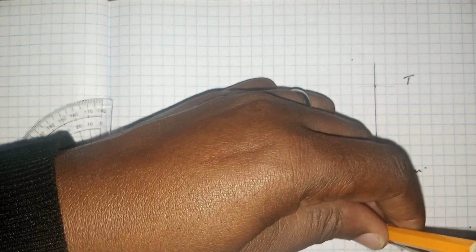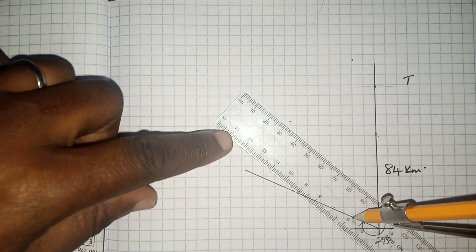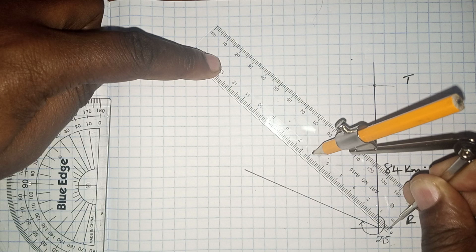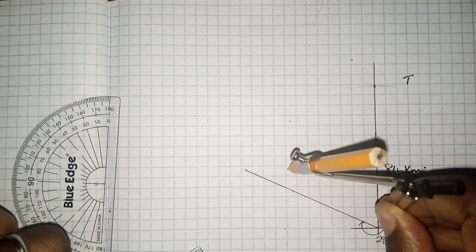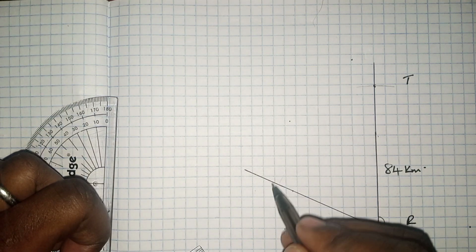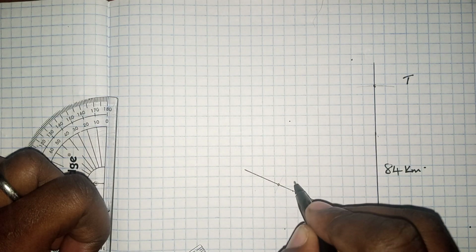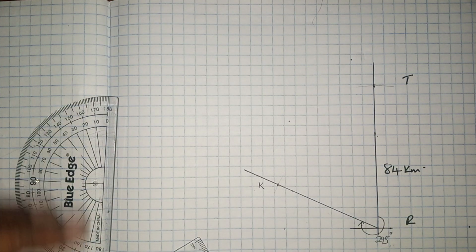Then we have to reduce our radius. There we are, 6 centimeters. And from here, we can locate our town K. That should be our K.